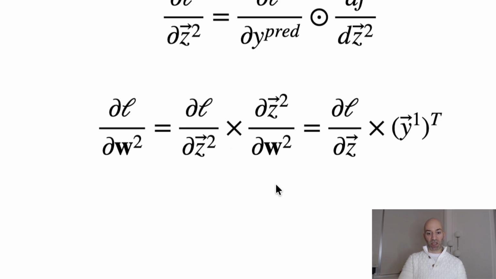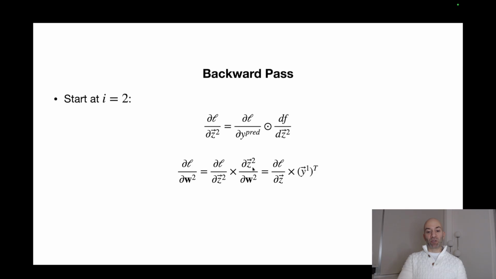So just keep that in mind. Now we can use the definition of z to simplify the second derivative. And if we actually work that out, we see that this is just equal to the activations coming out of the hidden layer, y1. More specifically, if we enter this into our equation, we have to multiply by the transpose of this activation vector. So this is the expression now that we can use for the derivative of the loss with respect to W2.